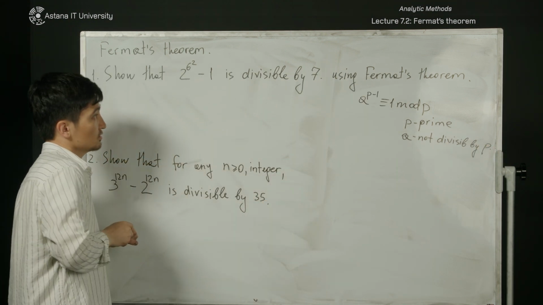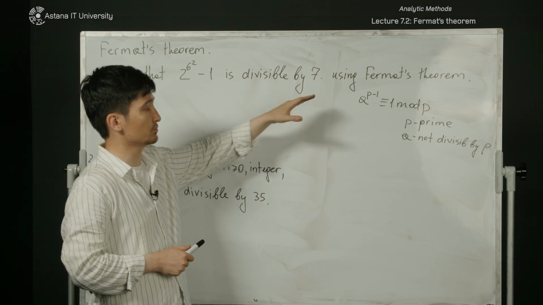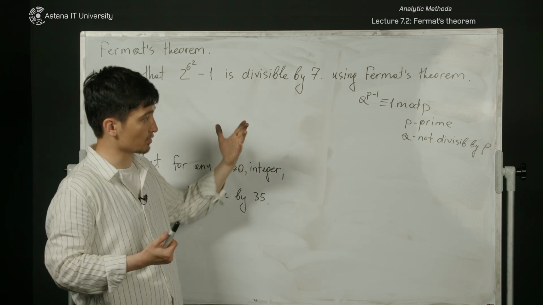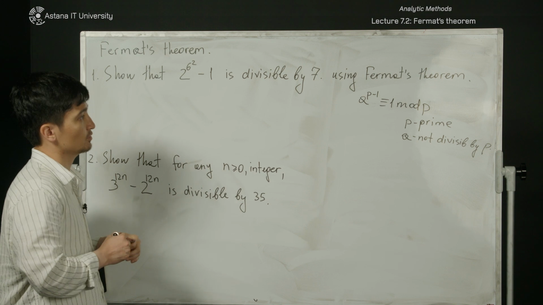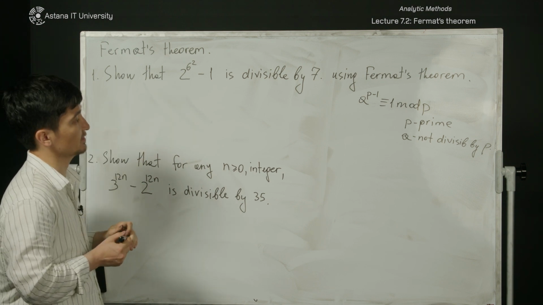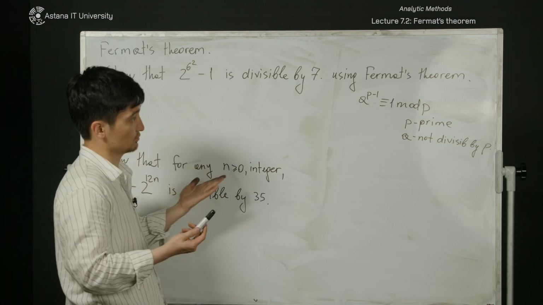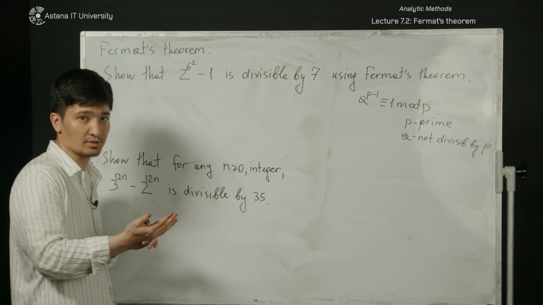Okay? So in our case, we're dividing by 7. So 7 is prime. Now we can use Fermat's theorem. My a will be, in this case, 2, and 2 is not divisible by 7. So I can use Fermat's theorem.